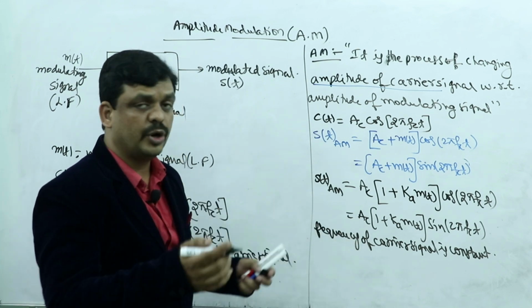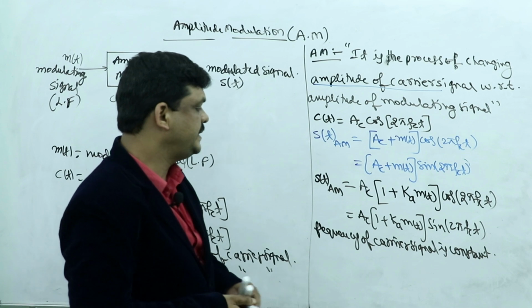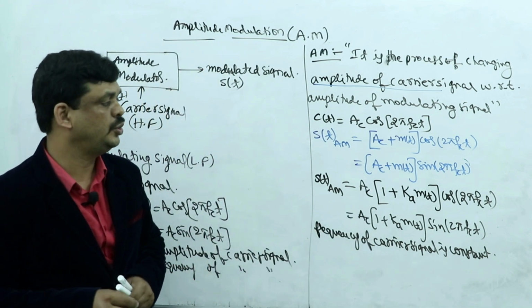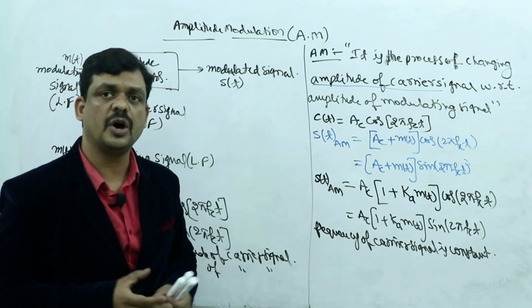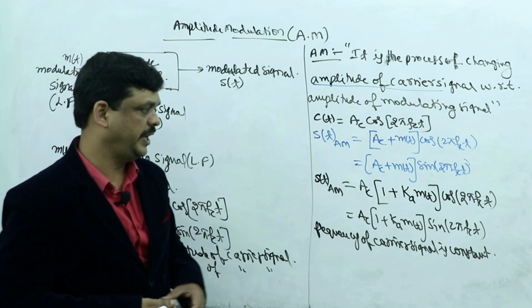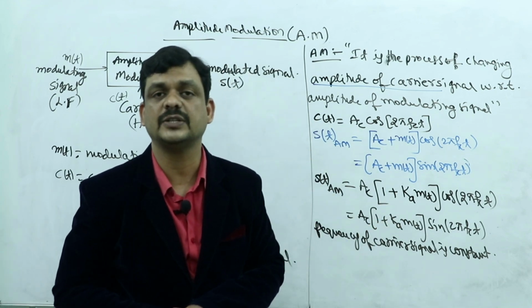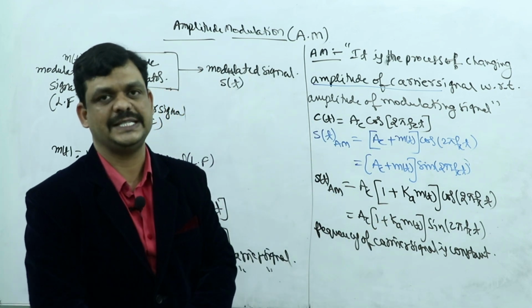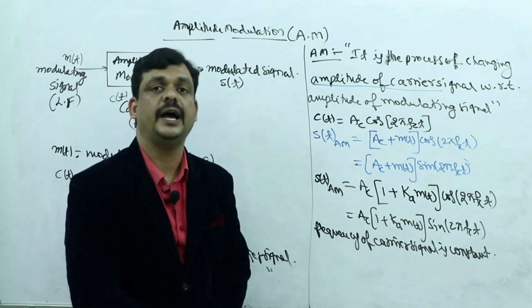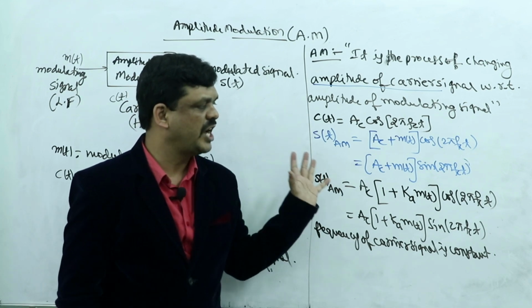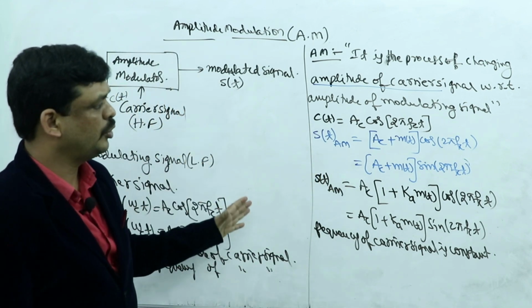Then finally, the AM modulated signal equation is AC into 1 plus Ka M of t into cos of 2 pi FCT, or we can write it in terms of sine 2 pi FCT. And here Ka explains the 1 by AC. 1 by AC is also called amplitude sensitivity. So this gives the standard mathematical equation of the AM modulated signal.